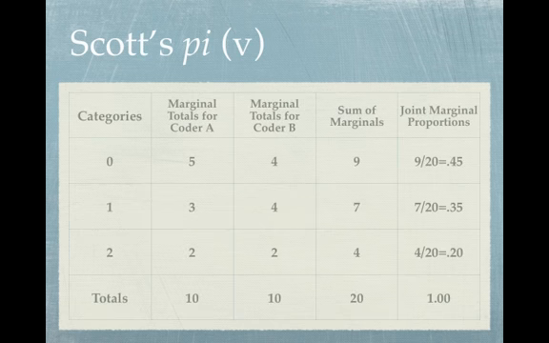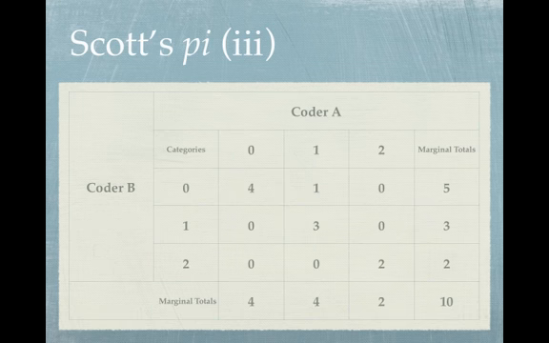So to calculate the percent expected agreement, what we would do is we go back to this table and we take the marginal totals for coder A and the marginal totals for coder B. The marginal totals for coder A are the very last column on the right side, and the marginal totals for coder B are the very last row.